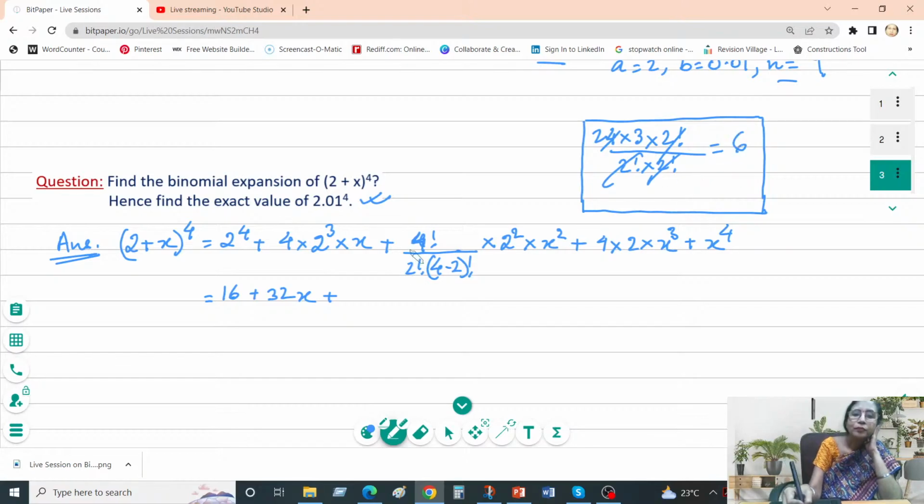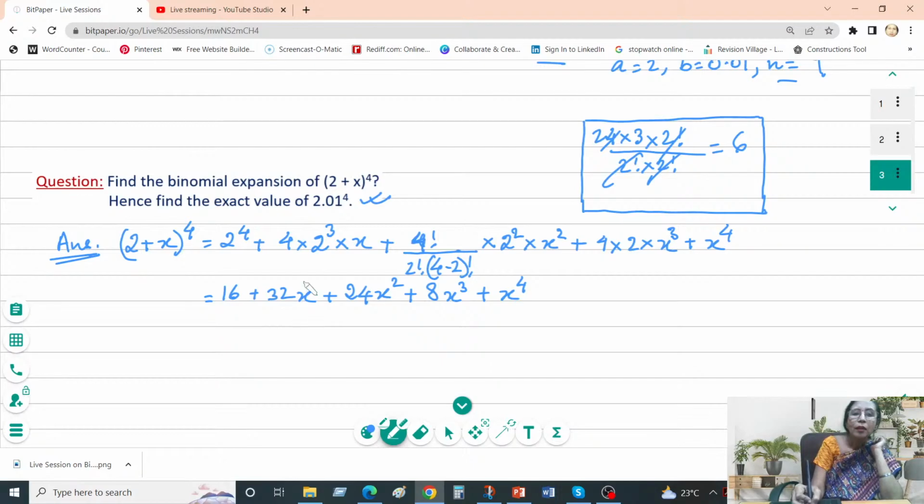Okay? And 2 squared is equal to 4. So 6 times 4 is 24. So 24x squared plus 4 times 2 is 8, 8x cubed plus x to the power of 4.